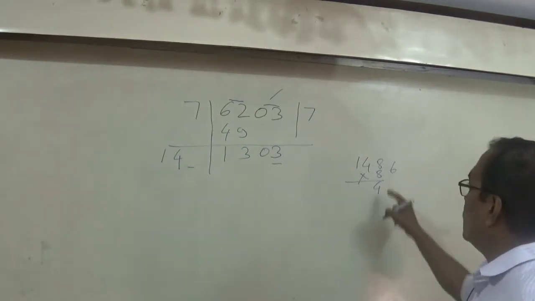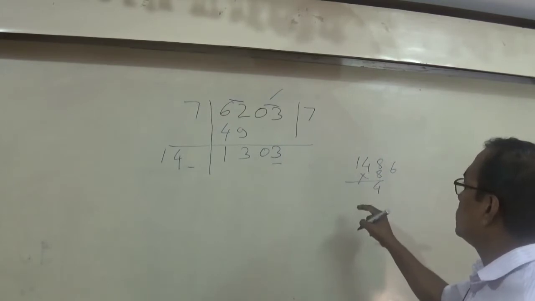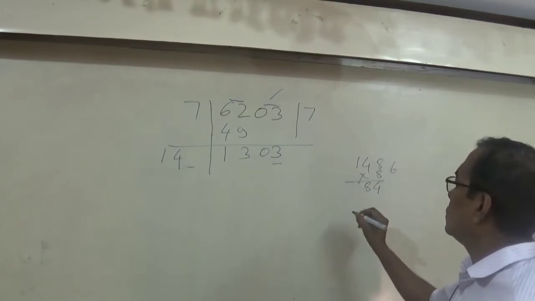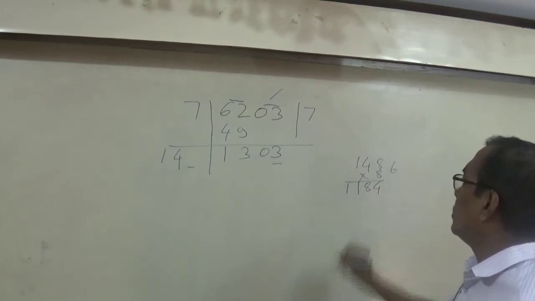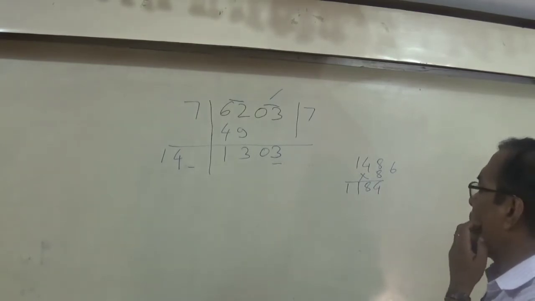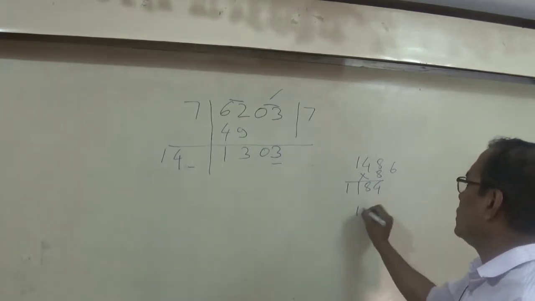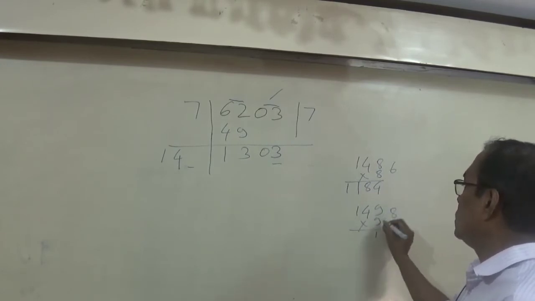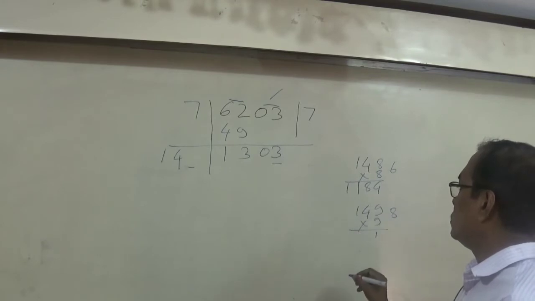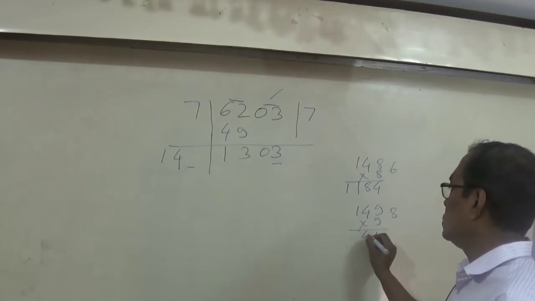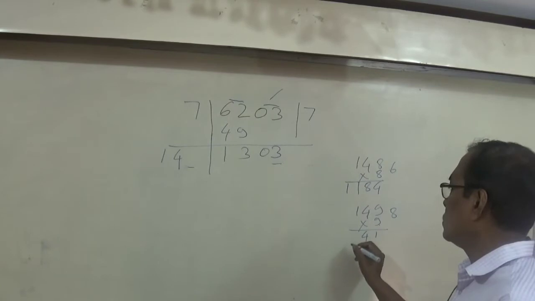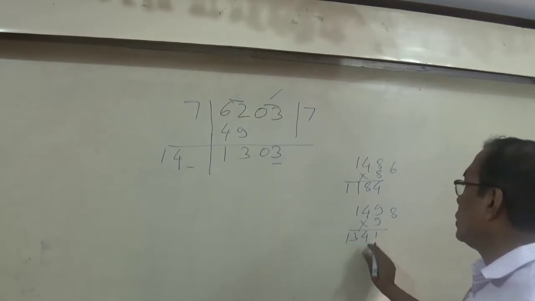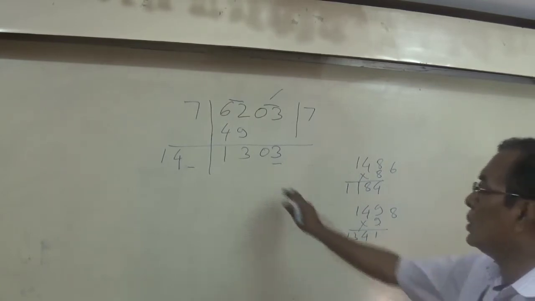Double, 184. Take the test with 9 also, because I am not quite sure. 1341, which is greater than 1303.